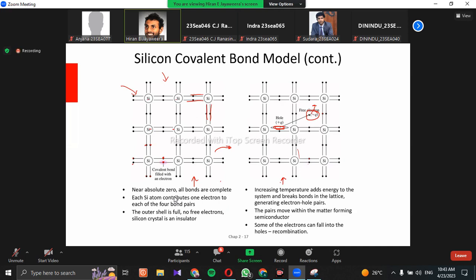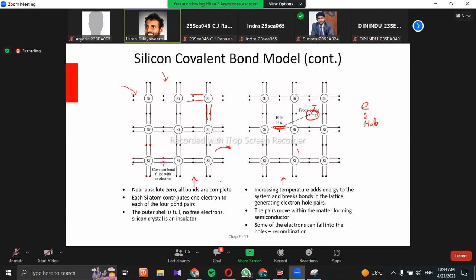Now remember that by increasing the temperature, whenever you create a free electron, at the same time you are making a free hole as well. So we call that an electron-hole pair being created. Whenever you create a free electron because of the temperature, automatically you create a free hole as well. Is it clear?